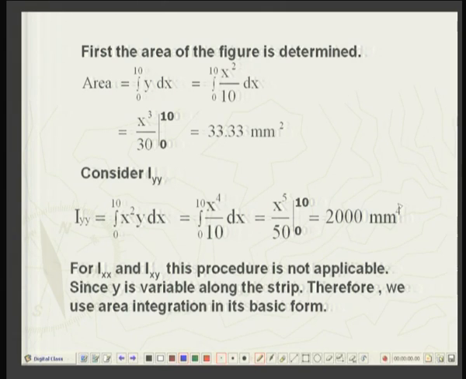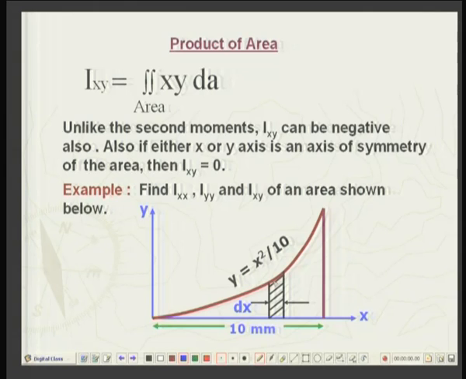Okay. Now, next we have to find out Ixx and Ixy. That is, Ixx will be the area of the strip into the distance from the x axis, that is y itself, and this distance is varying along the strip.